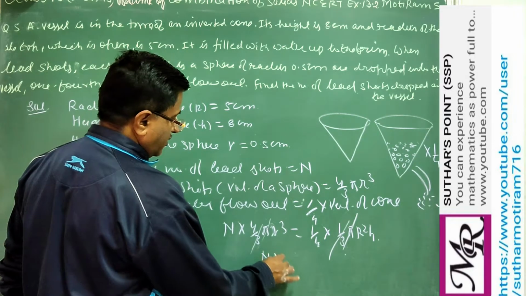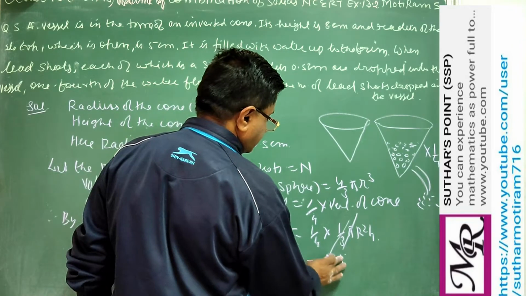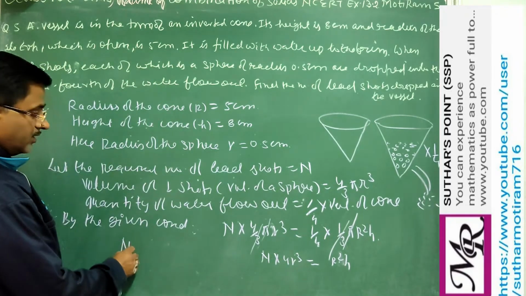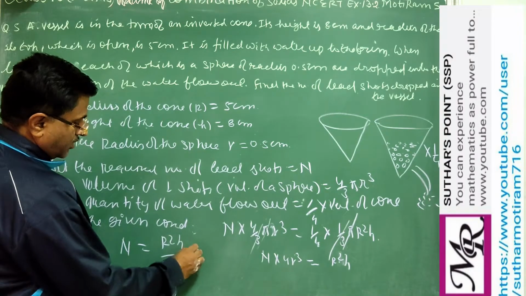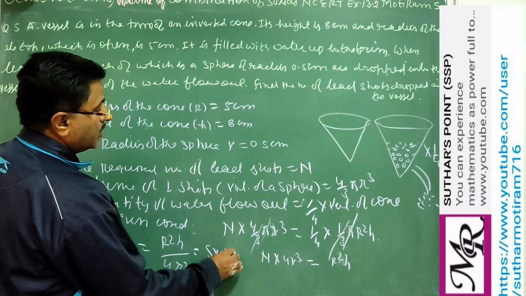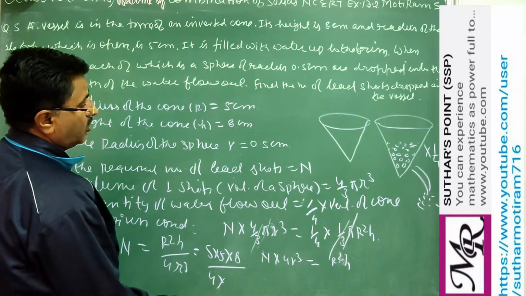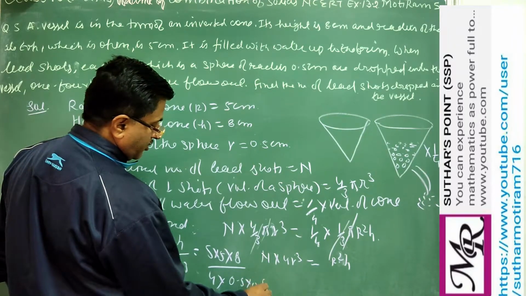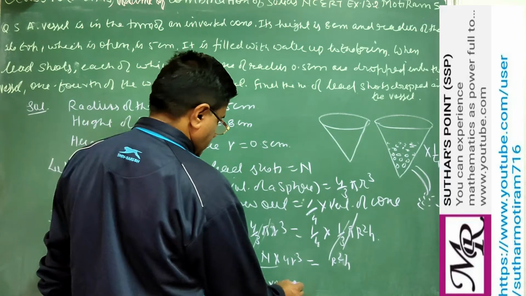So n into 4 r cube equals R square H. We want to find n, so n equals R square H upon 4 r cube. Now put R capital, that is 5: so 5 into 5, and H, that is 8, upon 4 into small r, that is 0.5 into 0.5 into 0.5. So you may simplify this.